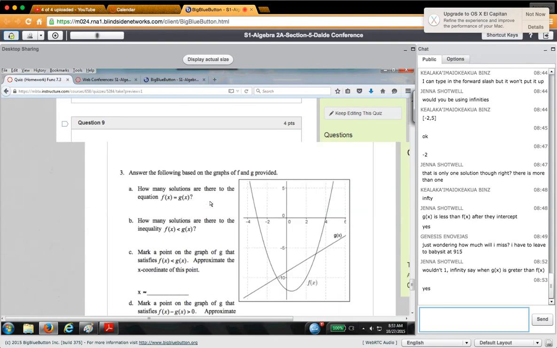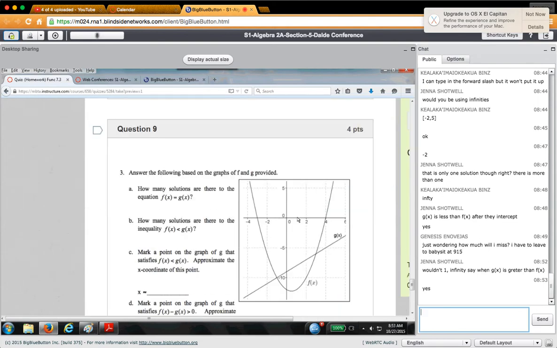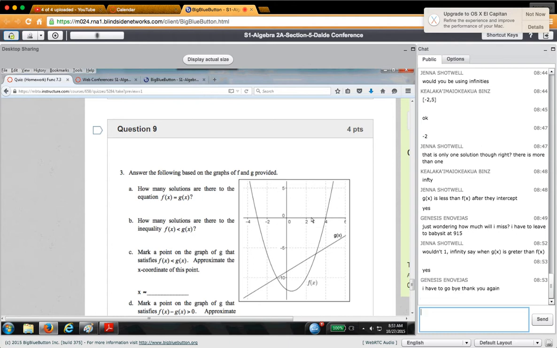If we look at the graph, I can't say 1 to infinity because at 1 or even 2, g of x is actually bigger than f of x. I have to say above 3. So it's either below -1 or above 3.